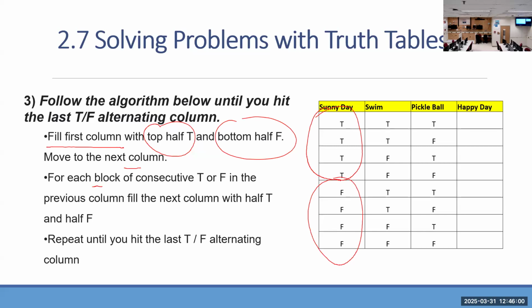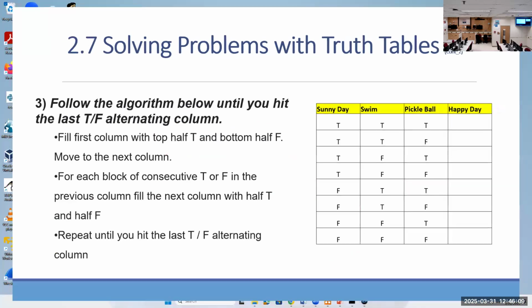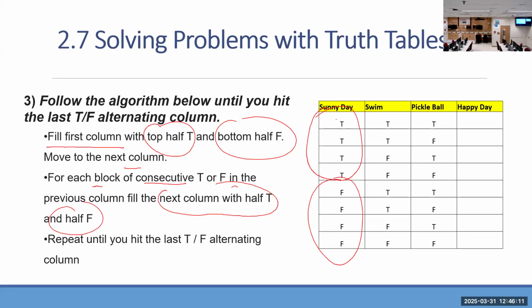For each block of consecutive T or F in the previous column, the next column gets half T and half F. Again, I break it down into 2 halves.